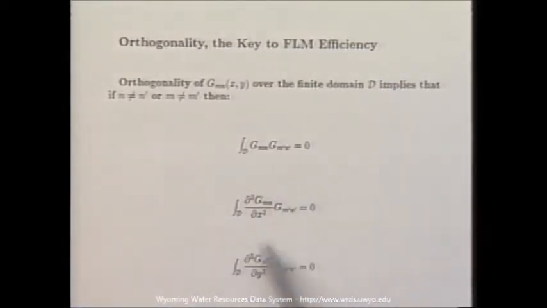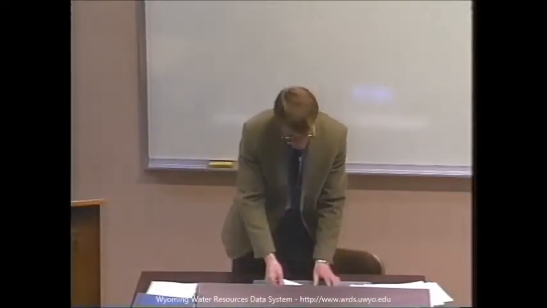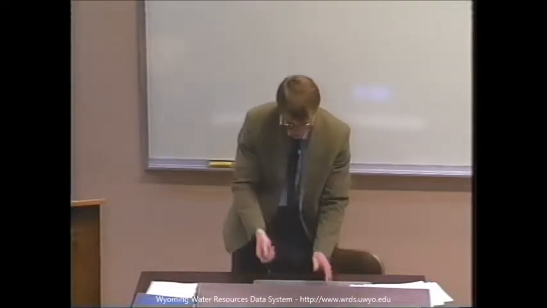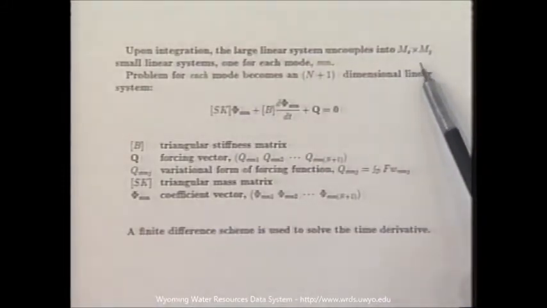Similarly, if you look at the other parts of the differential operator as you apply it and integrate it, you will lose a lot of your terms, and you'll end up with a very sparse system. So upon integration, instead of a large linear system, you end up with mx by my small systems.